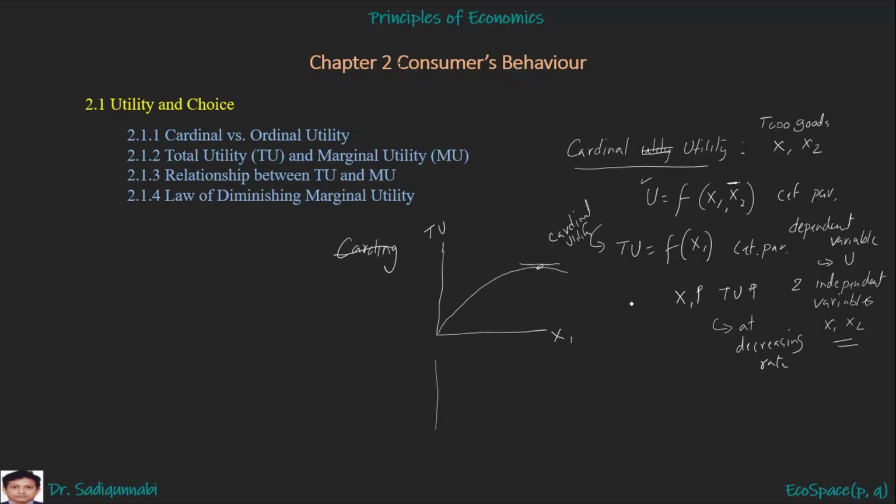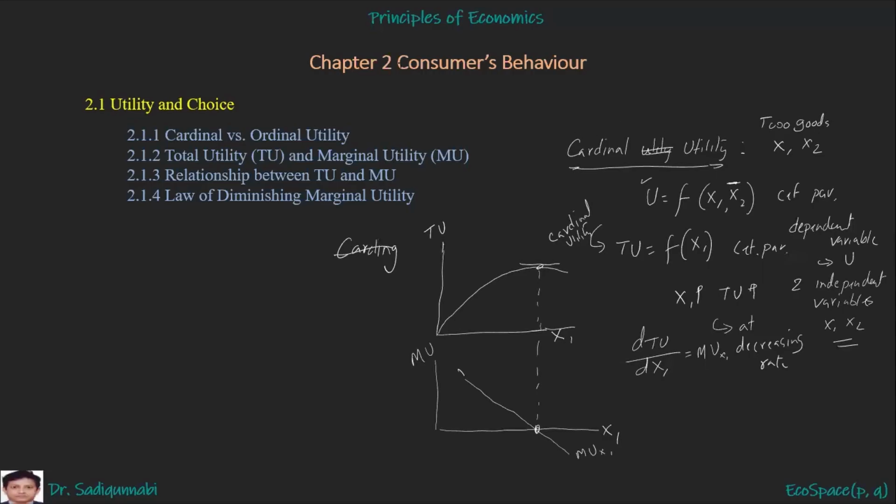And from this we can take dTU/dx1, and this will be marginal utility, MU x1, like this. So this is taking 0. So here is the mathematical and graphical illustration of cardinal utility.